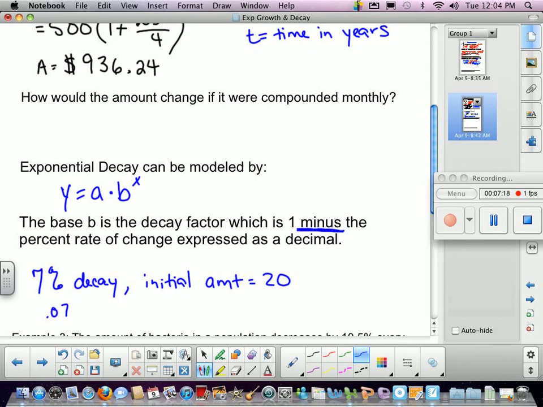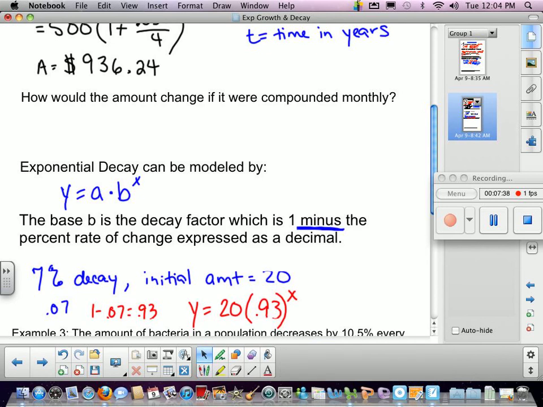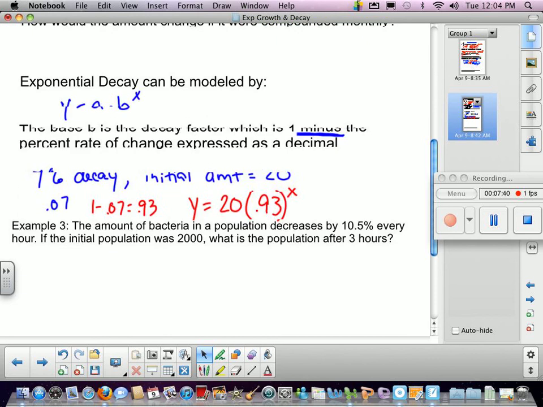Instead of adding 0.07, we're going to subtract. So it would be y equals 20, and then 1 minus 0.07 would be 0.93, so that would be 0.93 to the x. Okay, so that would be the equation that we're working with for that particular problem.